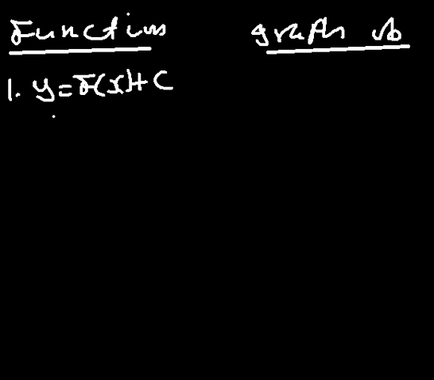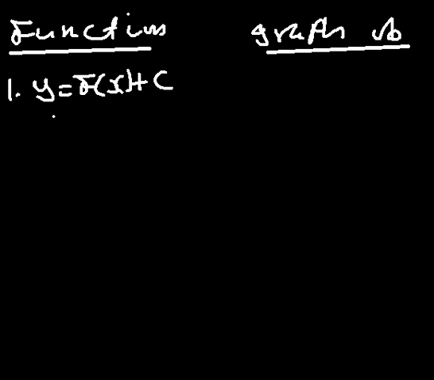You can see that we have f of x being added to a constant given as c, and c is alone there. It is not part of f of x. So c is said to be the translation determinant, but along the y-axis. We translate the graph c units vertically upwards.